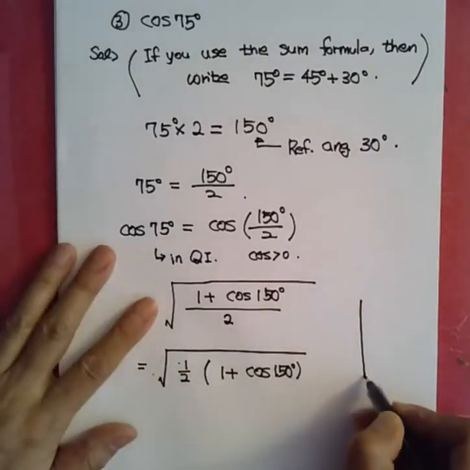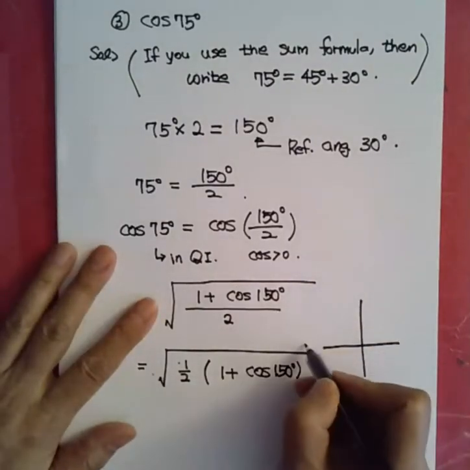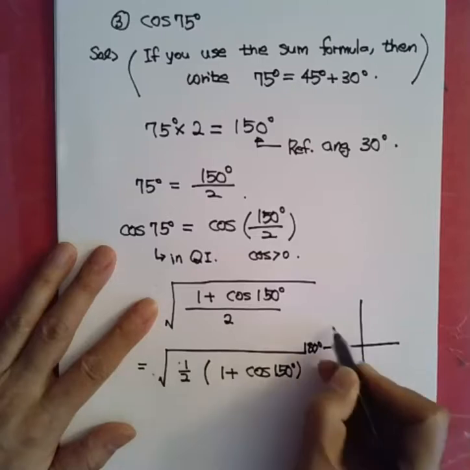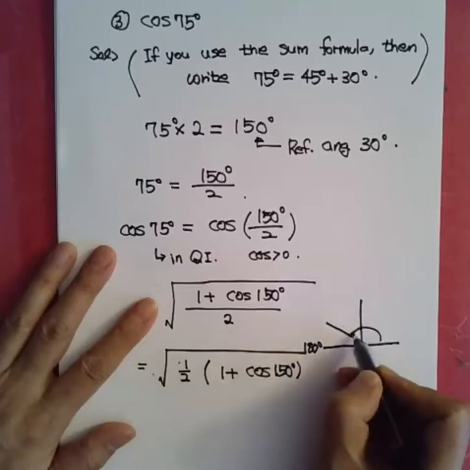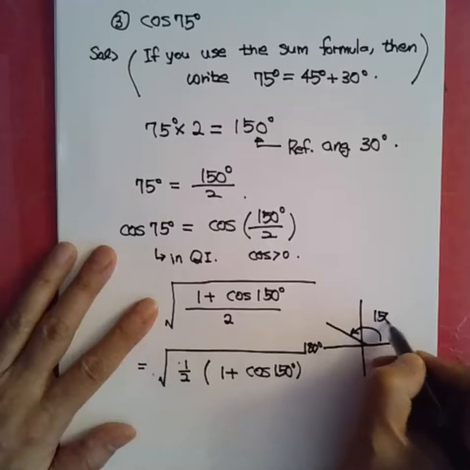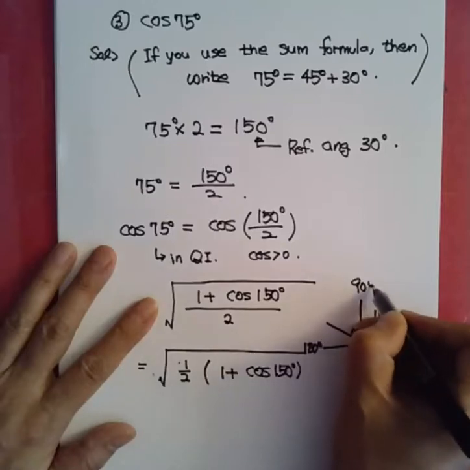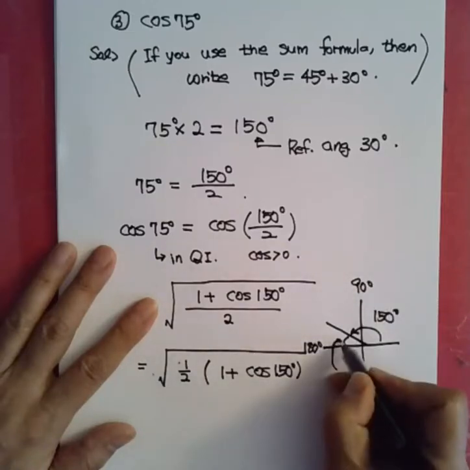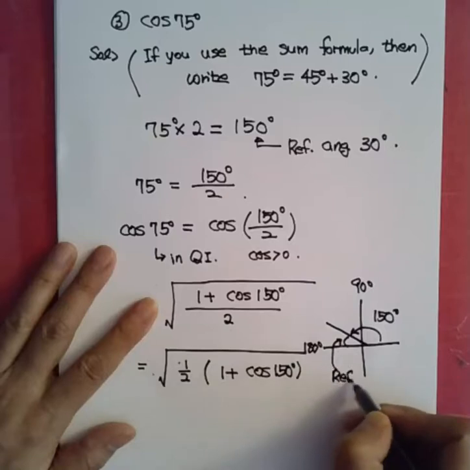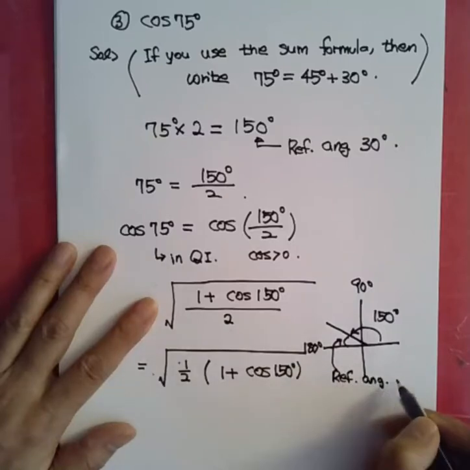We are thinking about the second quadrant. This is 150 degree. The reference angle is 30 degree.